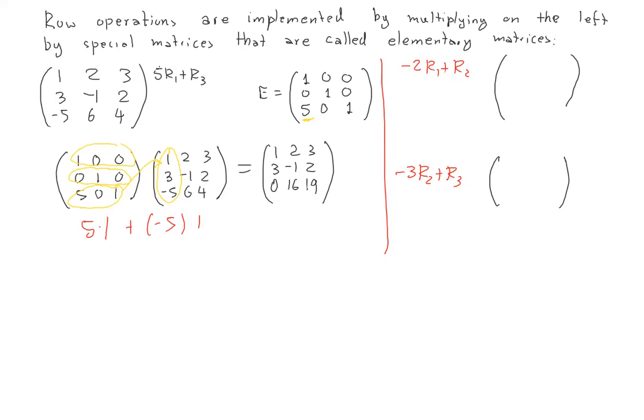We're producing a matrix so that if we multiply our given matrix with that matrix on the left, then we implement the corresponding row operation. So in the example that we did, by multiplying by E, we implemented 5 row 1 plus row 3.